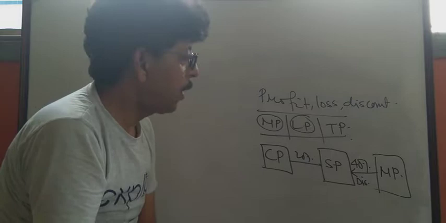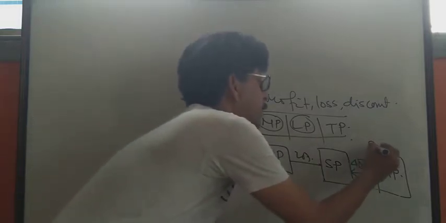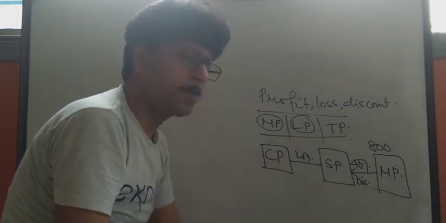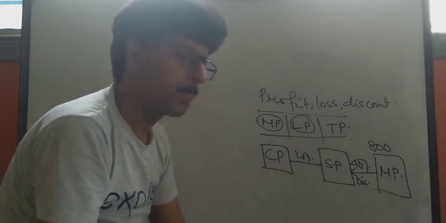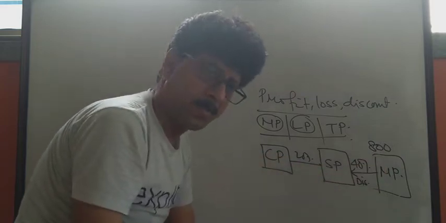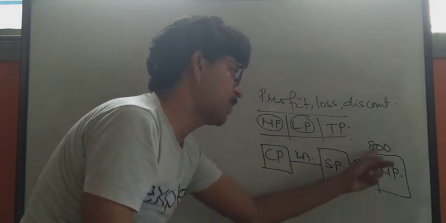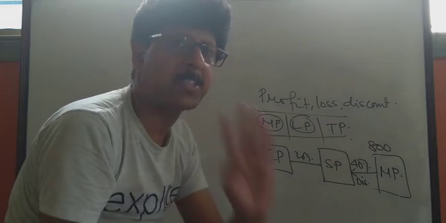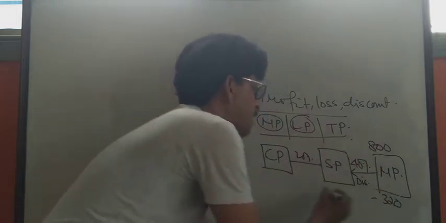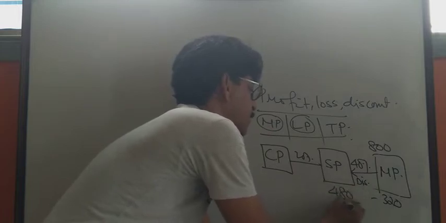Now if you tag something 800, what is the cost price or manufacturing cost of the item? 800, 40% discount. So you have calculated that 40% of 800 is 320 rupees discount. 320 gone, minus 320 means selling price is 480.